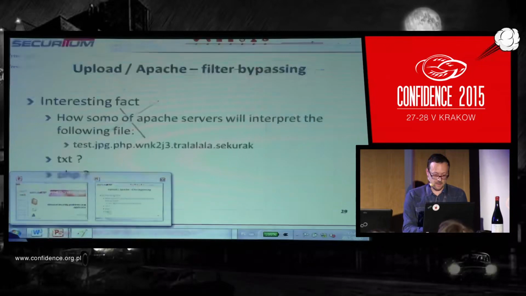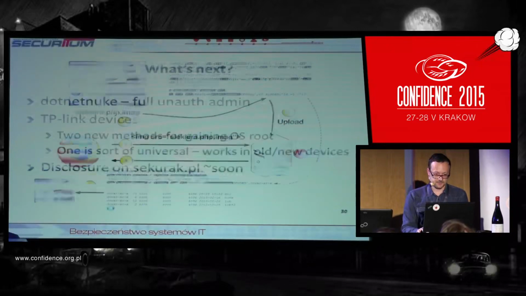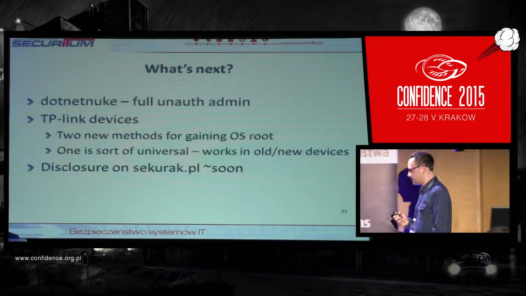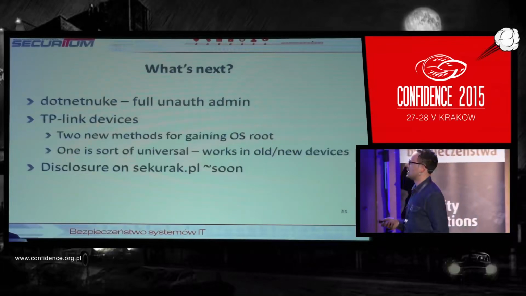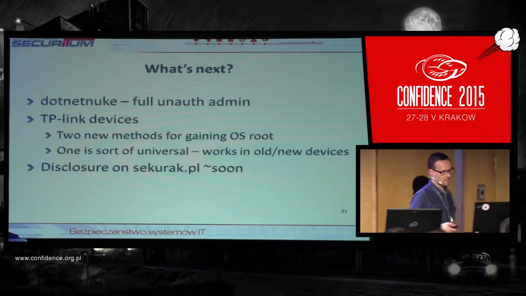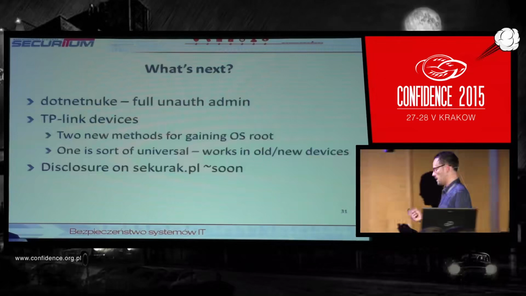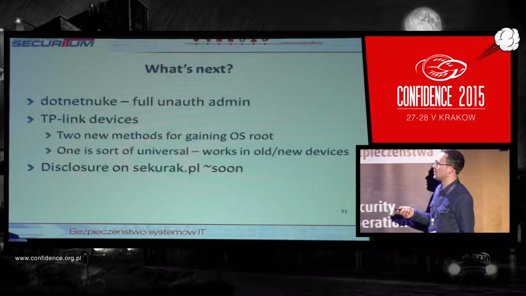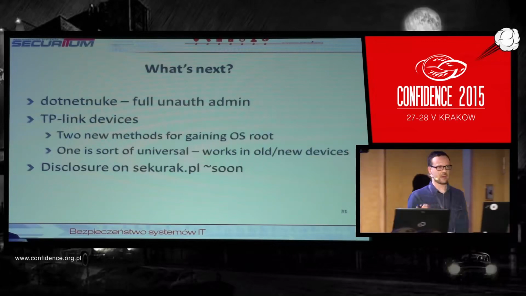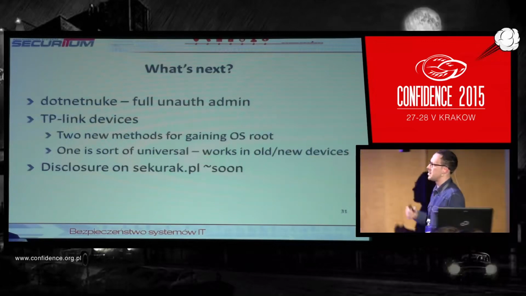Okay, what else? I have some more interesting stuff, but not for today, unfortunately. The guys from my company have already reported some bugs in DotNetNuke. This is full unauthenticated admin and some other bugs.